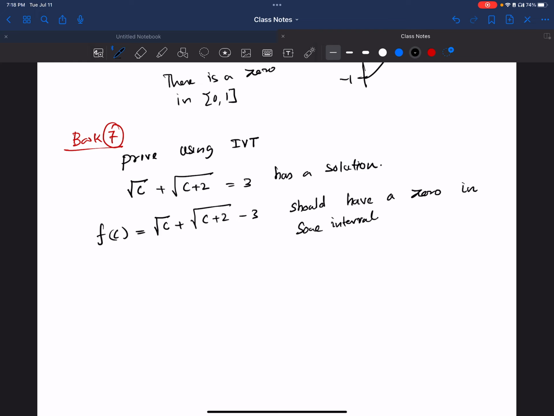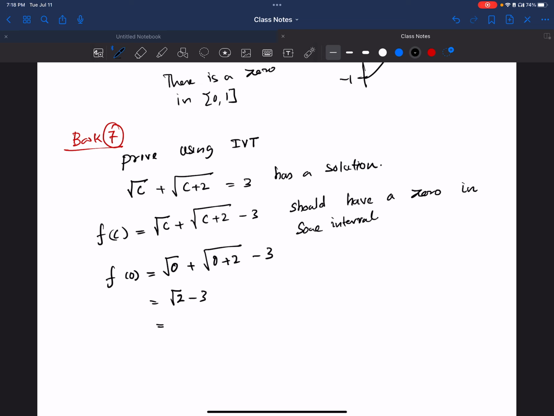So let's put c equals 0. So f(0) is 0 plus 0 plus 2 minus 3. So it's the square root of 2 minus 3, which is negative.